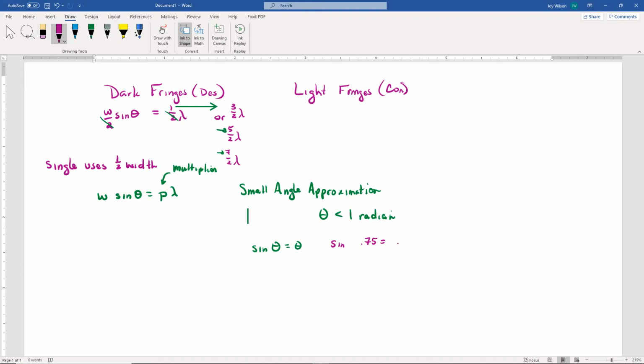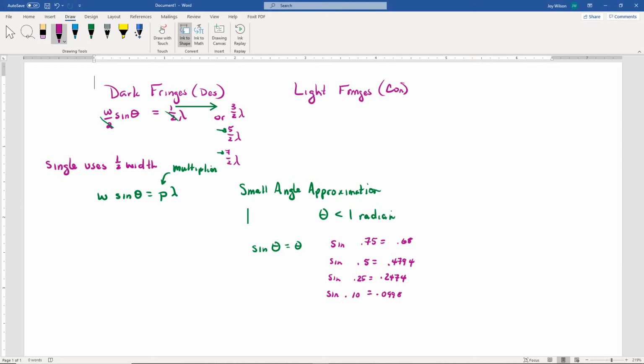And I'd say, yes, you're correct. This number is very close to 1. But if I go to 0.5, I get 0.4794. If I do sine of 0.25, I get 0.2474. If I go to sine of 0.10, I get 0.0998.